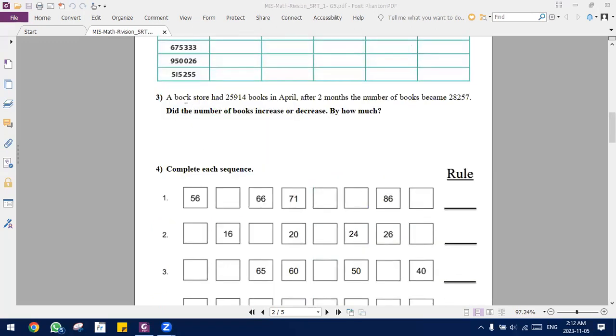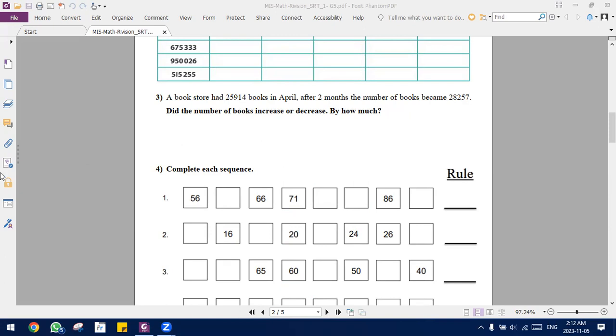We have a problem. A bookstore had 25,914 books in April. Then after 2 months, the number of books became 28,257. The question is, did the number of books increase or decrease? We check it was 25,000, then 28,000.